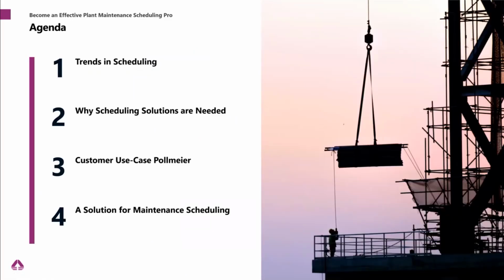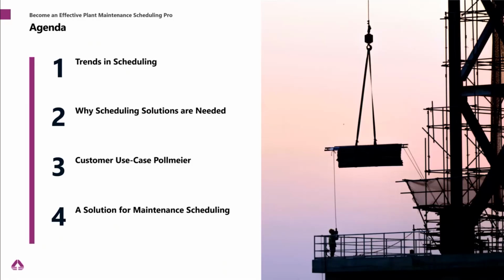So the agenda for today is broken down into four main areas. We're going to give you an overview of what we see as the trends in scheduling. We work a lot in this area, so we want to give you some insights there. Why scheduling solutions are needed. We'll go over the use case for Polmeyer, an organization that we implemented the scheduling solution in recently.